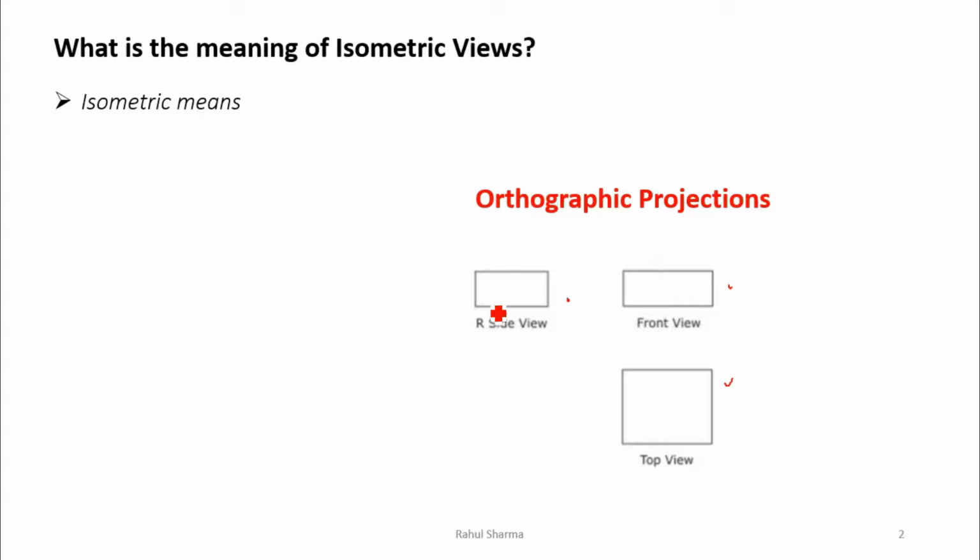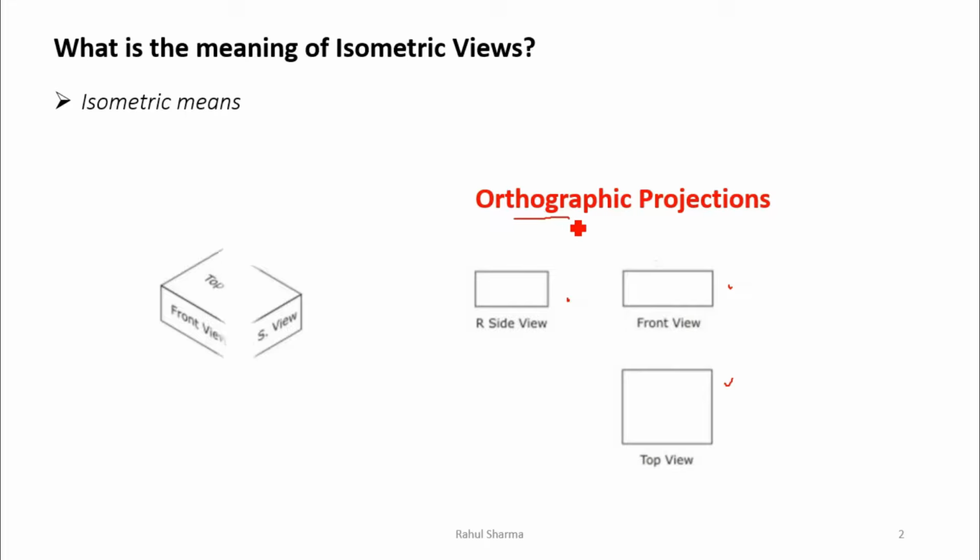So whenever we have the three views, we need a view, means how the box is looking from the front view, how it is looking from the top view, how it is looking from right hand side view, similarly the left hand side view, bottom view, rear view, and a number of other views. When we explain an object, its shape, its geometry from different views, then we say it is the orthographic projection.